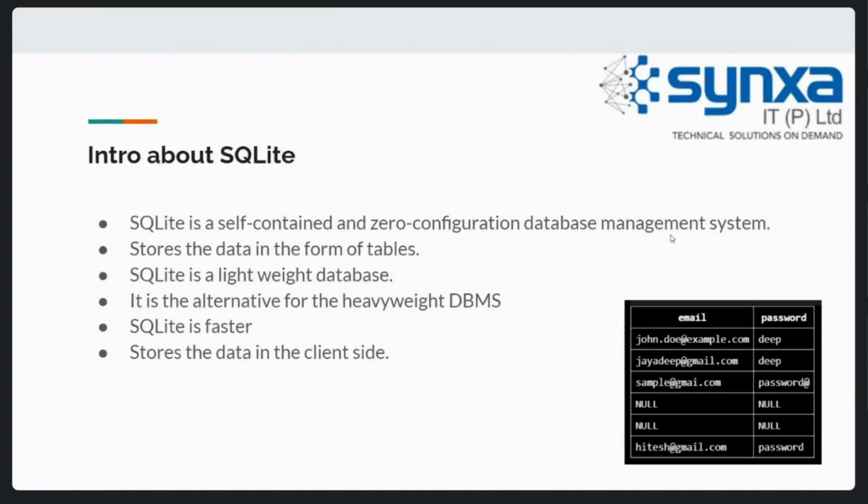We need to connect with the external database first, and then perform the operations. In SQLite, we don't need any external database. We have created our own database in the form of a file, so we don't need any configuration because the database is in our system itself.